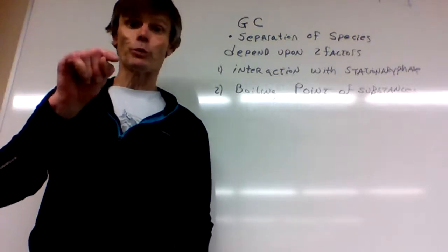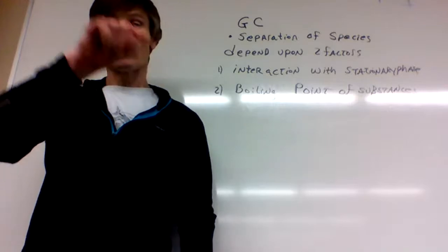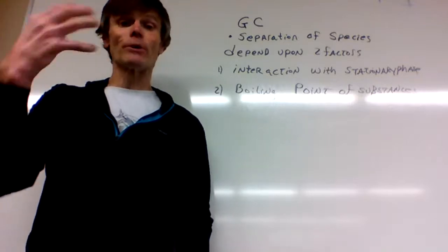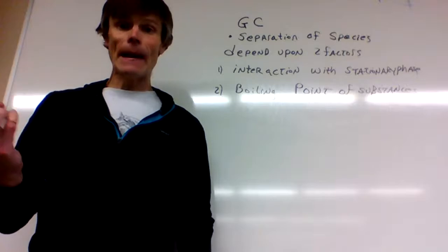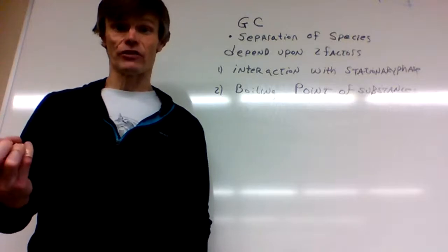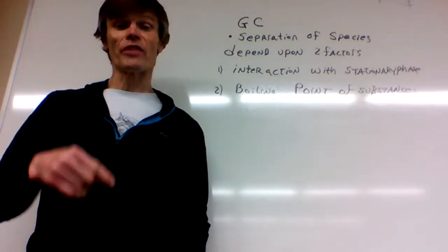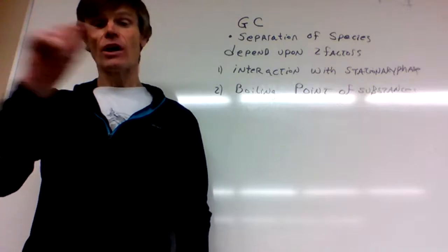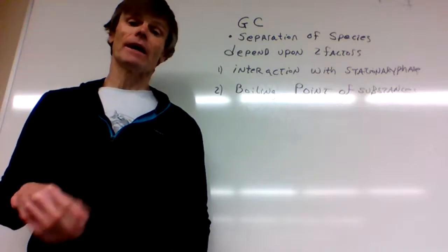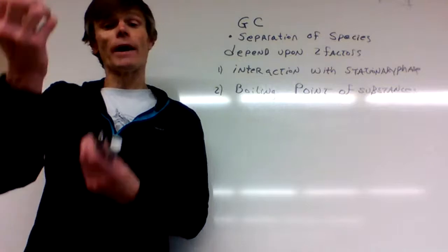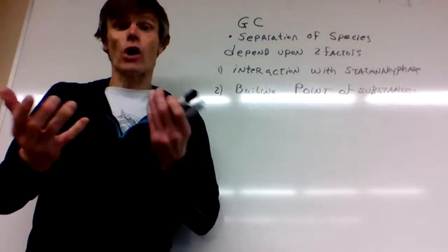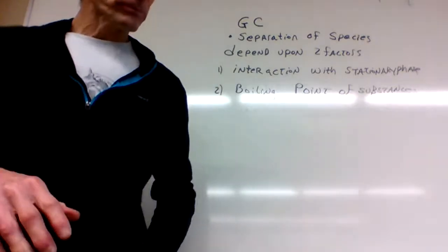The substances with the lower boiling points are going to be able to vaporize first, and they're going to be able to come off our column first. Substances with higher boiling points, they're going to come off last. And it also, again, does depend upon how we have interactions on the stationary phase.